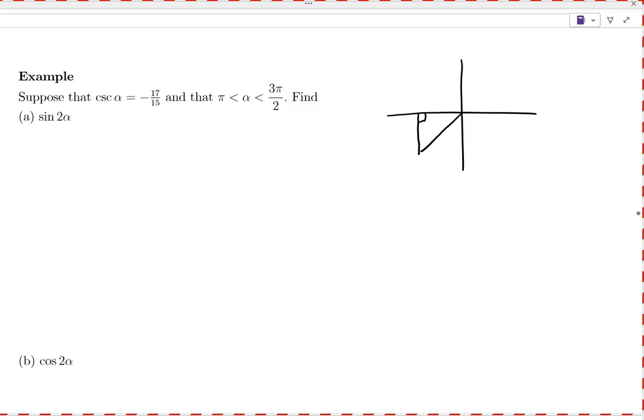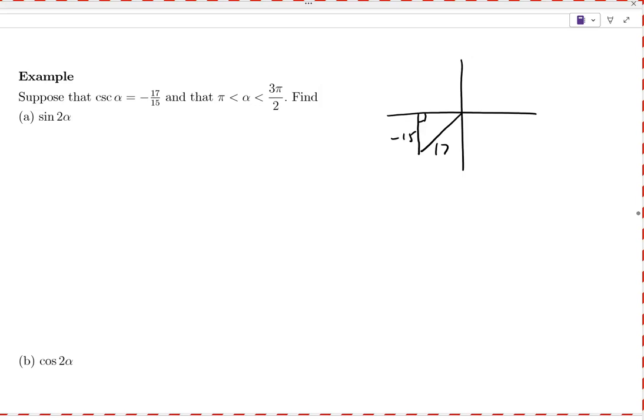We're given information about cosecant. So what sides can we label? Hypotenuse and opposite. Hypotenuse is going to be 17, good, and the opposite will be negative 15. Good.